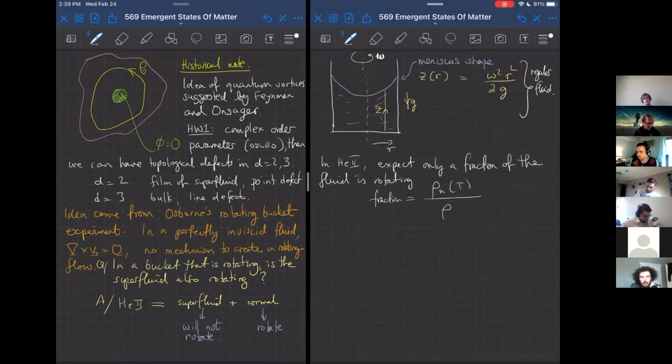And so what that means then is that we would expect that Z of R, the shape of the meniscus, would be the rho n at whatever temperature you're at below the lambda line, times omega squared R squared over 2g. So this is what you think you should get.